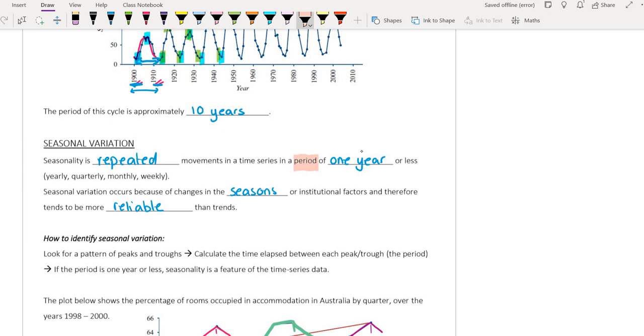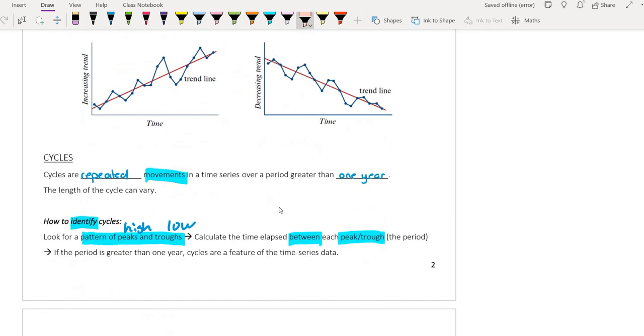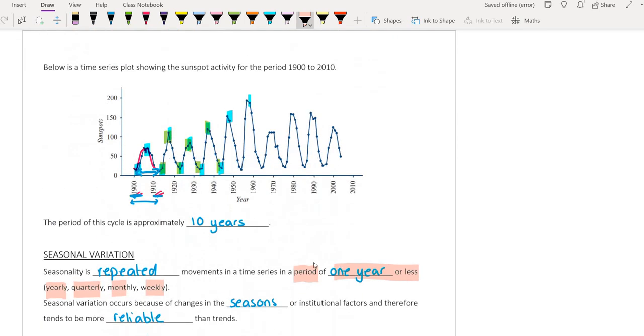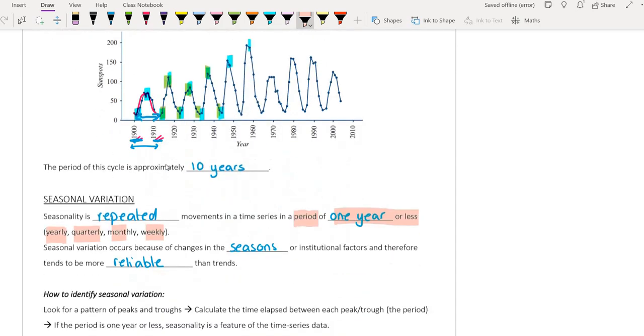If it's 1 year or less, so that's including every year, every quarter, every month, every week, we call that seasonality or seasonal variation. Whereas for cycles, I didn't really point it out before, it needs to be greater than 1 year. So over here, because this was for every 10 years, we call it a cycle.